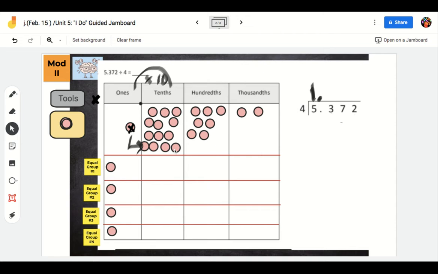Now let's share it. I'm going to go a little faster. 1, 1, 1. That's a group of 4. Two groups of 4.